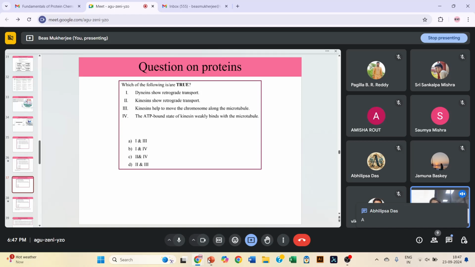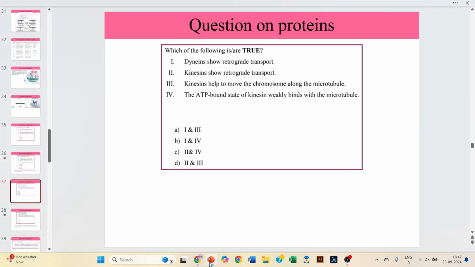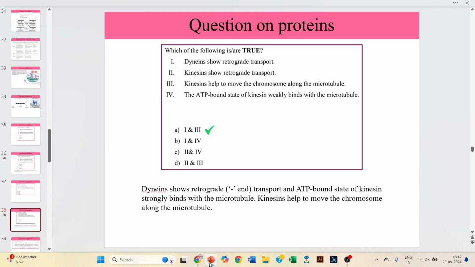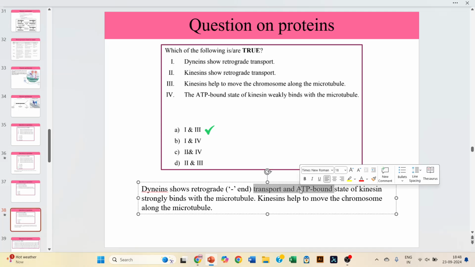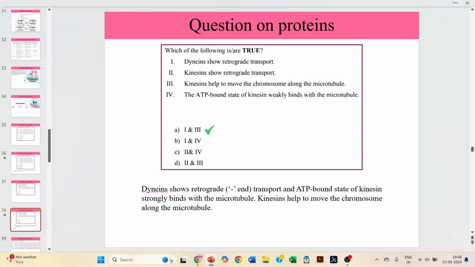Okay, you're saying that it is A. Let's look at the right answer. Yeah, that is true. Dyneins are retrograde, that is, moving from the plus to the minus end. And the ATP bound state of kinesin actually very strongly binds to the microtubule, and therefore this sentence is wrong.